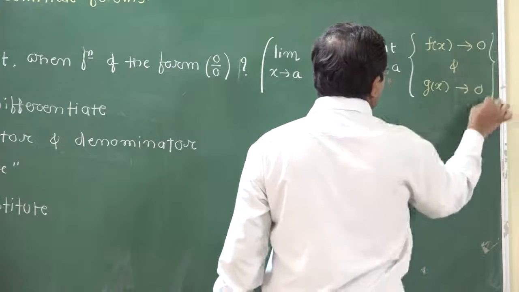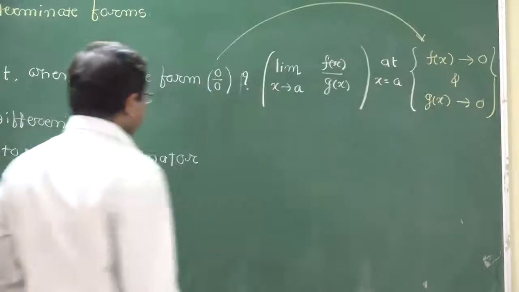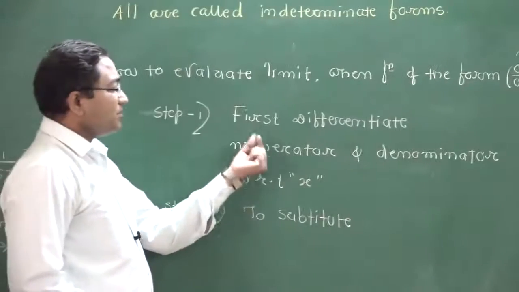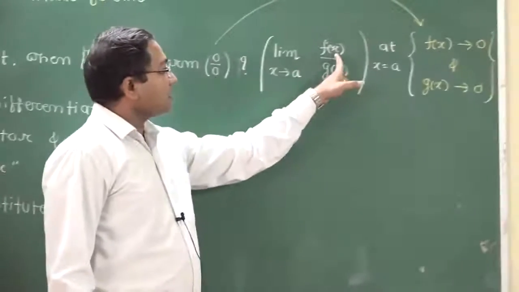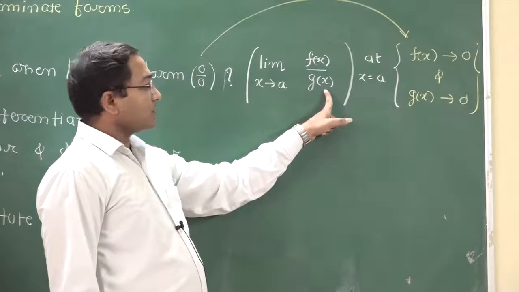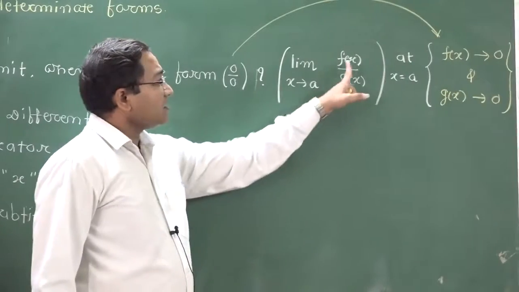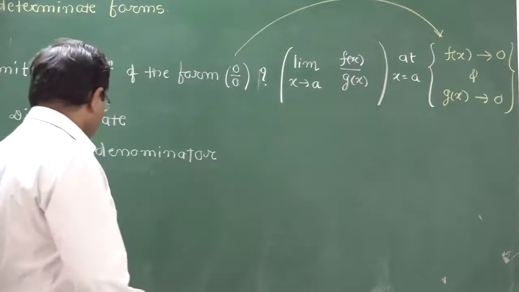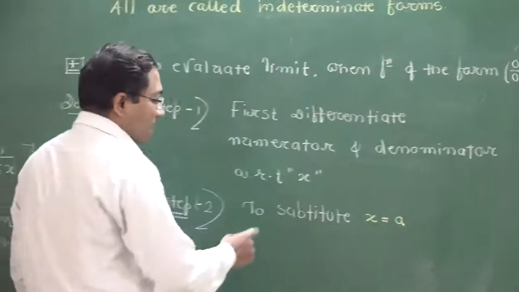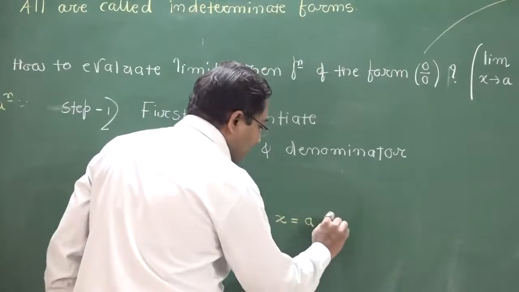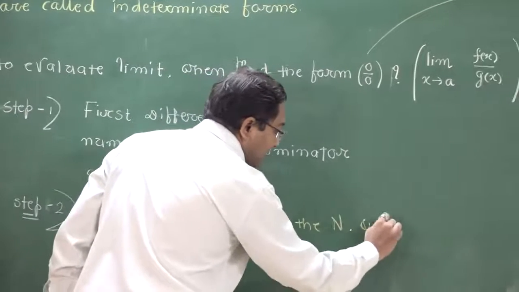So that is the meaning of the 0 by 0 form. In this case, first differentiate the numerator and denominator with respect to x, and next substitute x equal to a in the differentiated expressions, in the numerator and denominator.